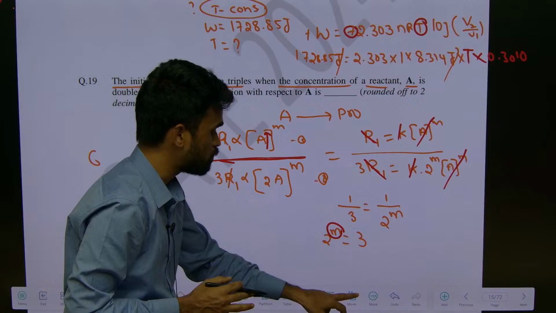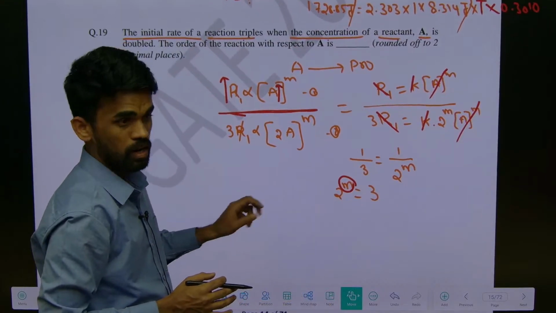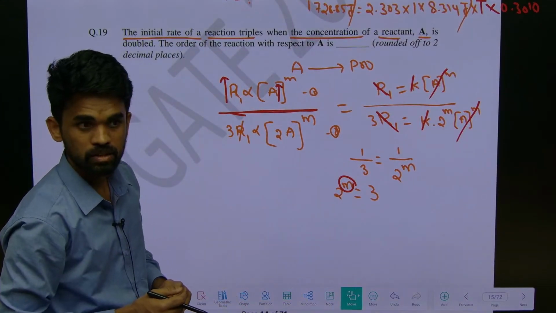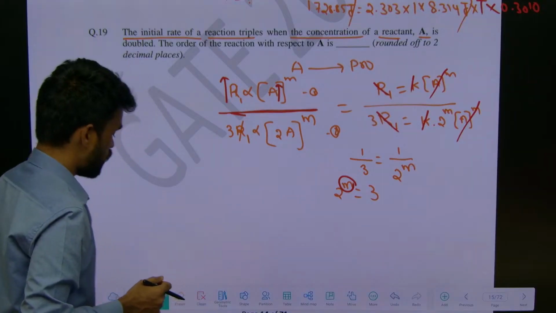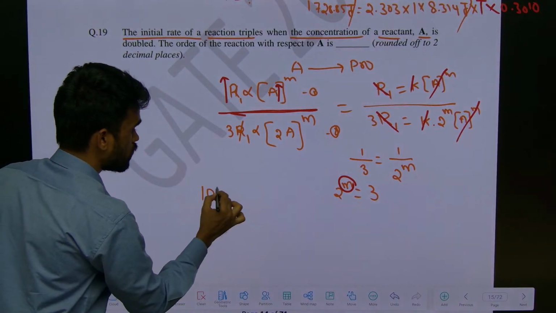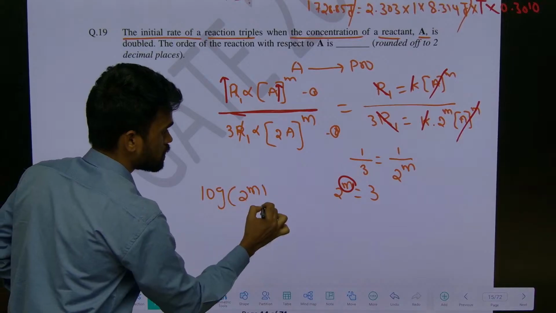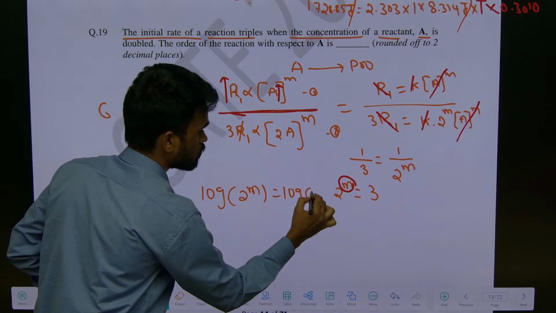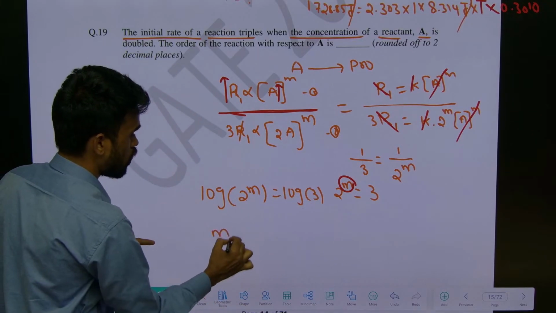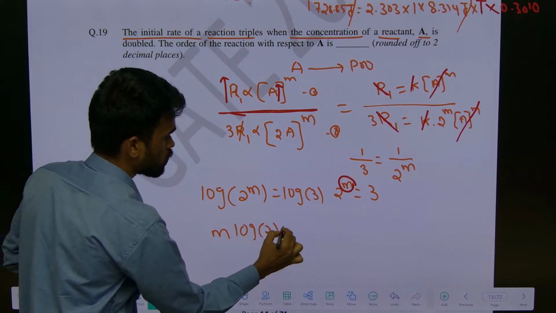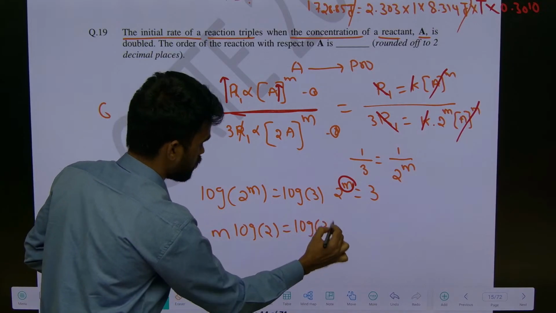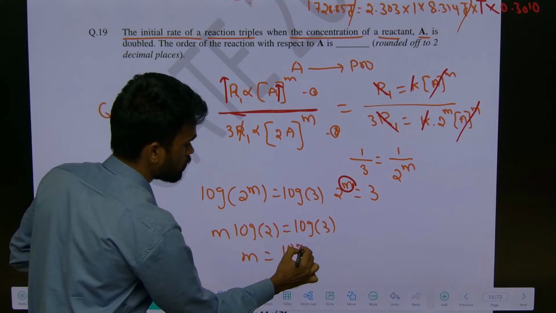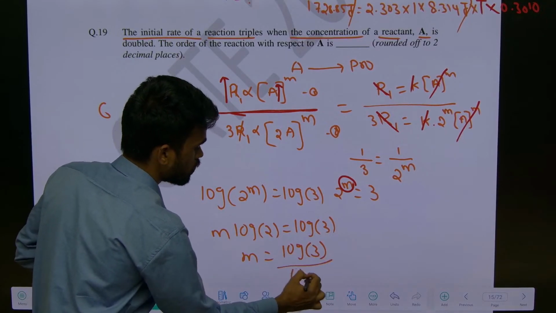So what is a simple way we can do this? Apply log on both sides. So log 2 power m equals log 3. So I can write m log 2 equals log 3. So m equals log 3 by log 2.